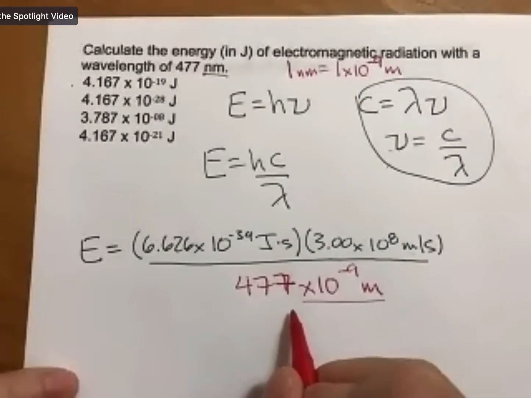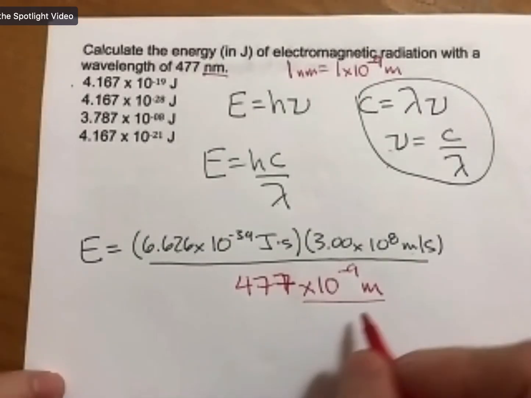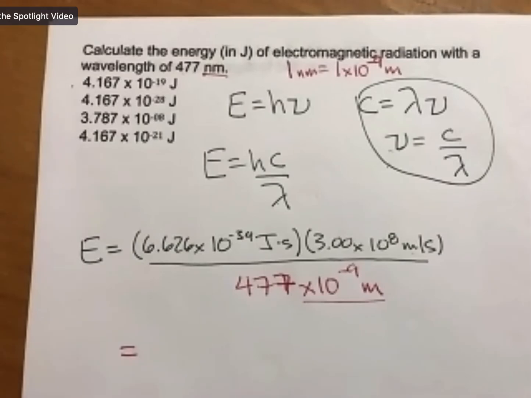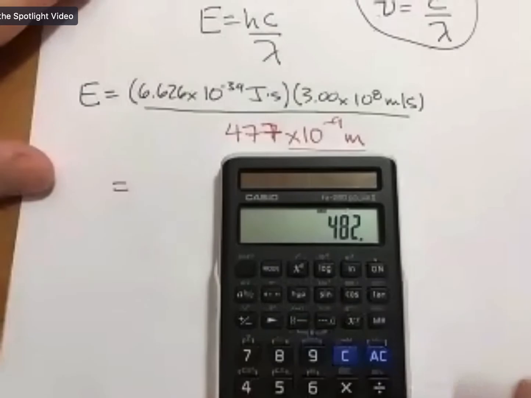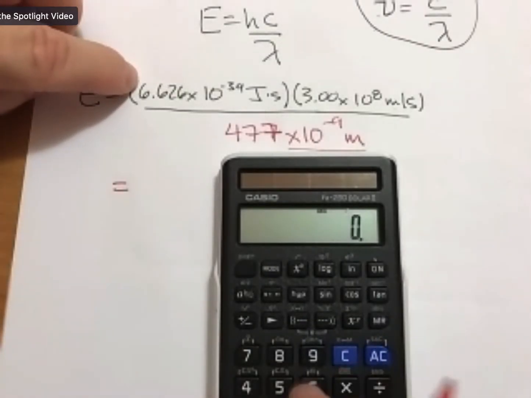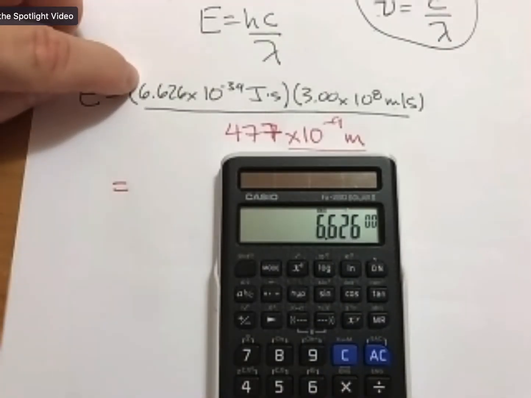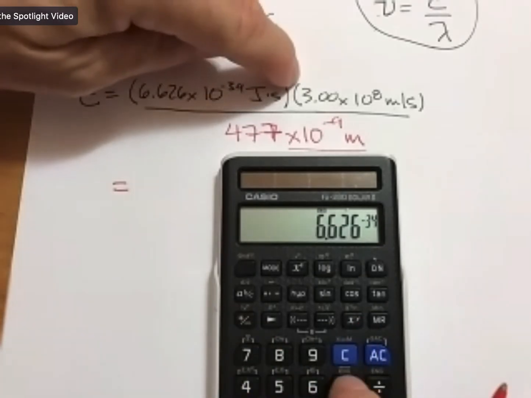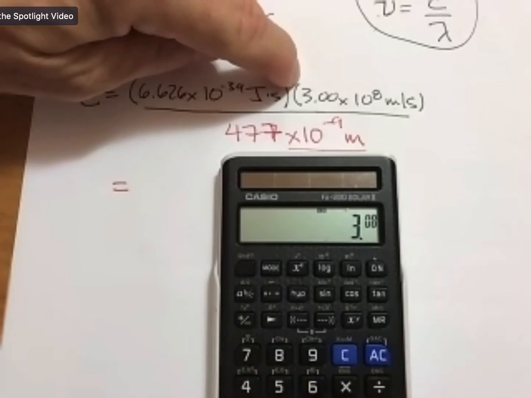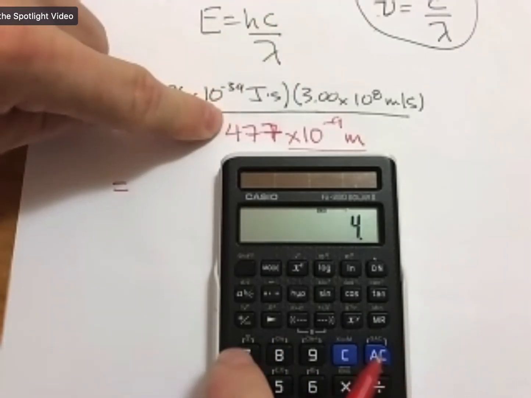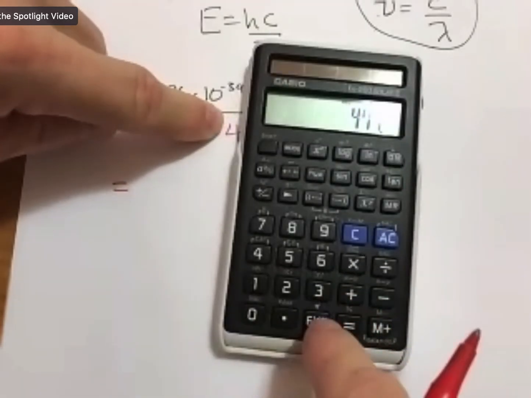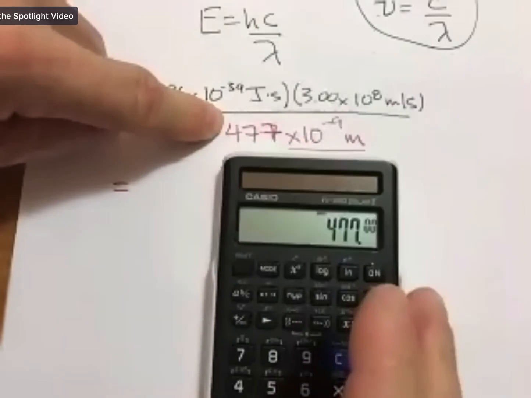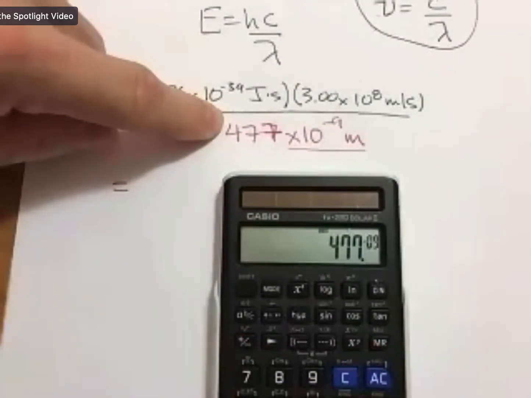Now all that's left to do is the math. So I have 6.626 times 10 to the minus 34th times 3 times 10 to the 8th divided by 477. And you can just go straight to 477 exponent 9 minus.